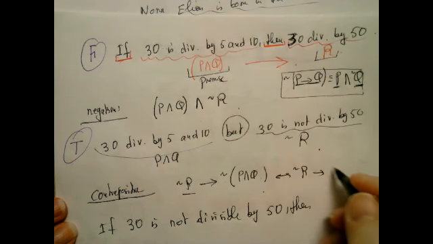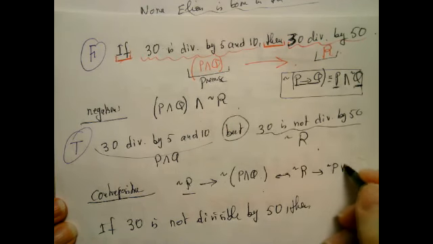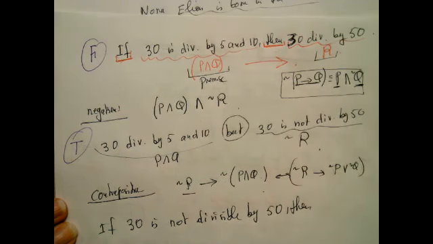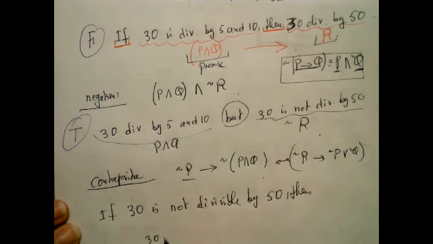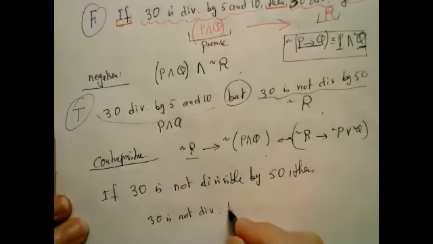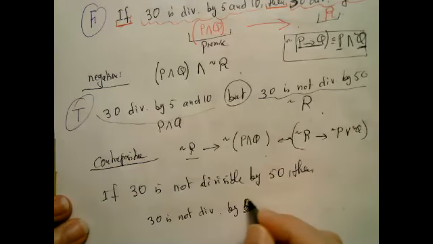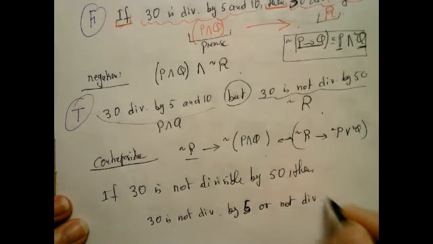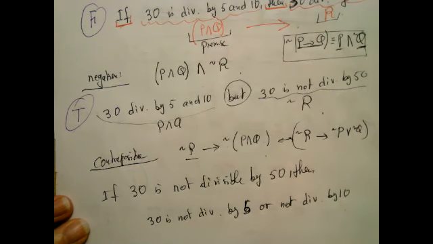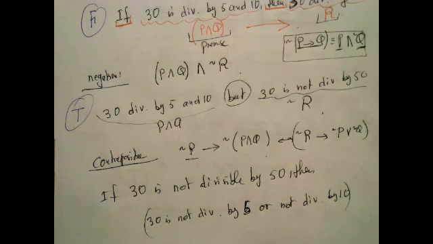So the way we negate that is not P or not Q. So if 30 is not divisible by 50, then 30 is not divisible by 5, sorry, or not divisible by 10. Okay, so we zoom in as much as we can using the exact rule.